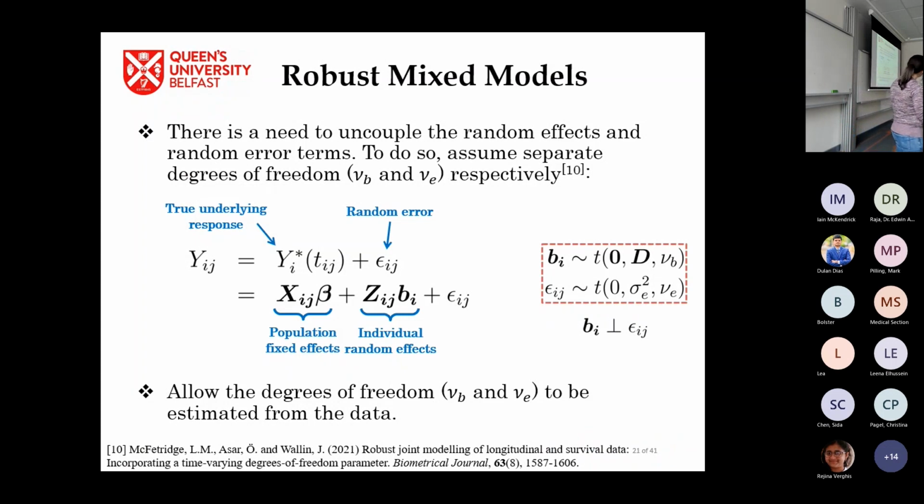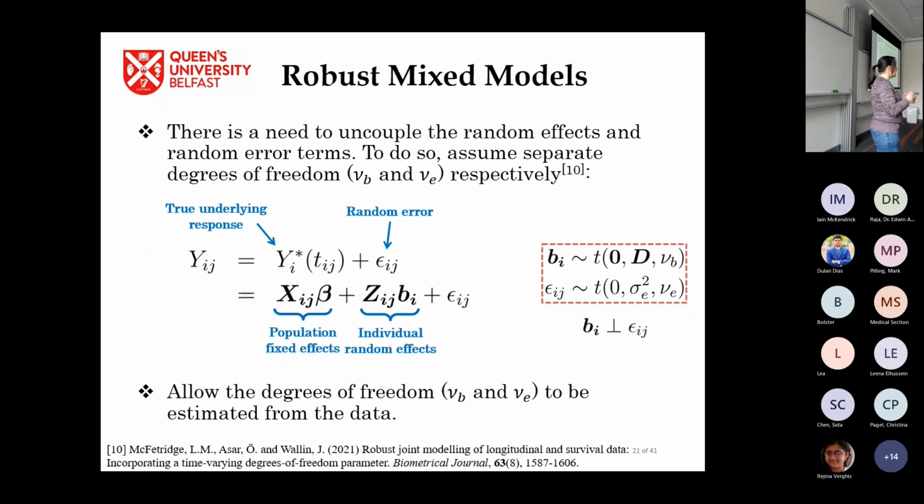So we're going to change this so that our b_i's, our random effects, follow a t distribution with nu_b degrees of freedom. Our errors, our epsilon_ij's, follow a t distribution with nu_e degrees of freedom. And again, we can estimate both of those degrees of freedom from the data, essentially letting the data dictate what type of model we're looking at.